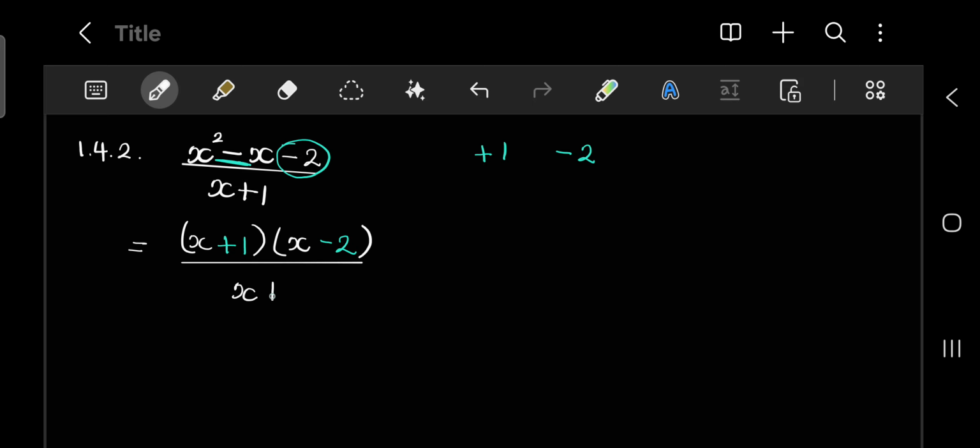And the denominator is x plus 1. At this point, you guys will notice that this bracket in the numerator is exactly the same as the denominator, so they can cancel out with each other. And what we are left with is x minus 2 as our final answer.